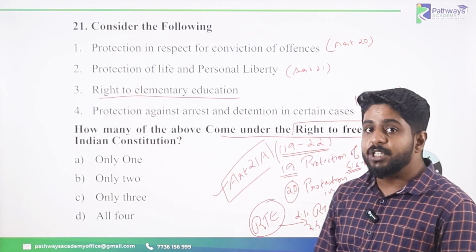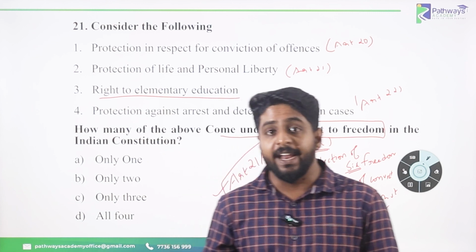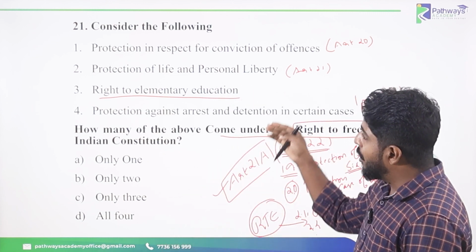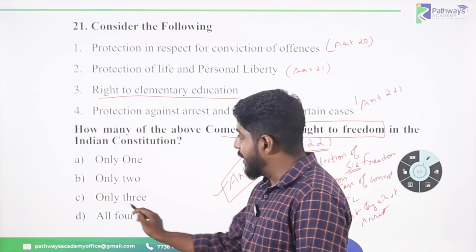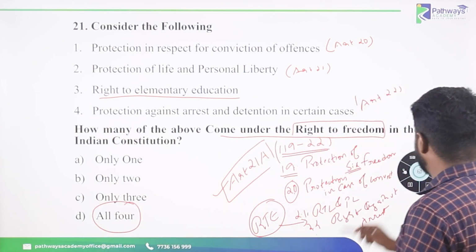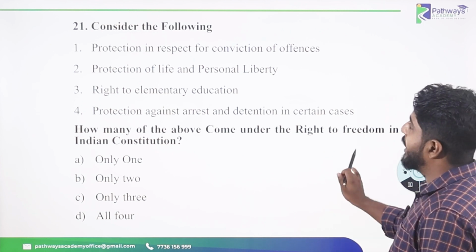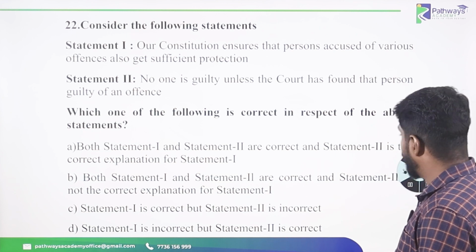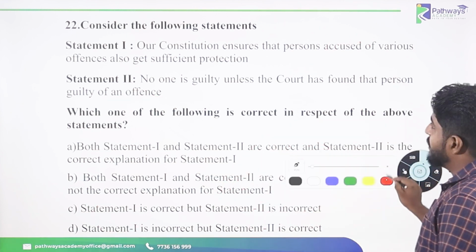It was not originally part of the Constitution, it was later made part of the Constitution by an amendment. So all the four statements are part of the right to freedom.